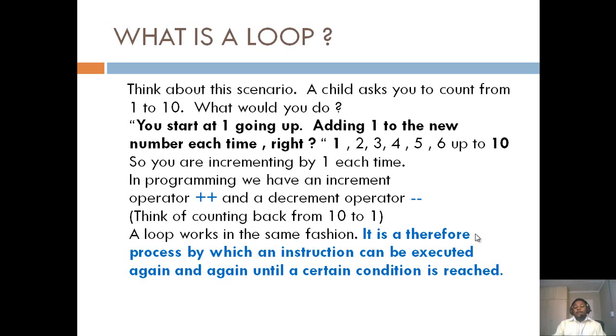You stopped because the child asked you to start from 1 and stop at 10. So you see, you have gone through a process of about 3 steps. The first was starting, the second was adding, what we are going to be referring to as incrementing, and the last was, of course, to stop, to finish.